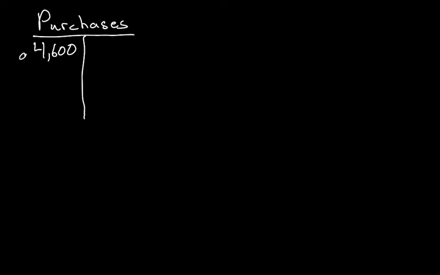So what we're going to do is debit an account called purchases, and we're going to debit the price of the merchandise, which is $4,600. And we're going to credit accounts payable, because they bought it on credit.